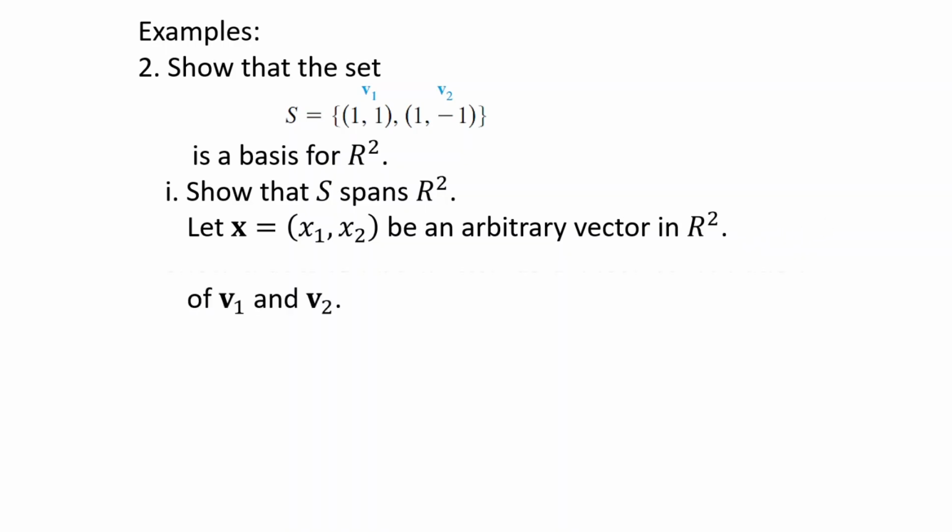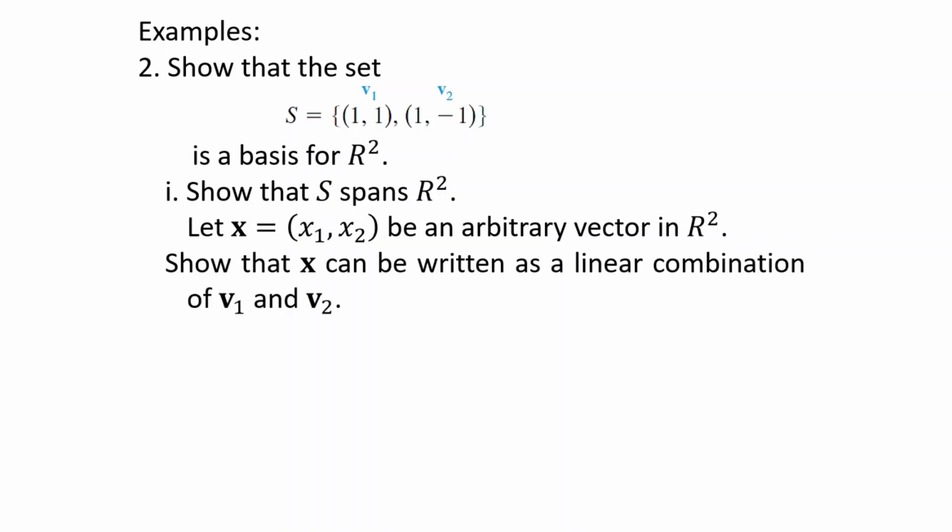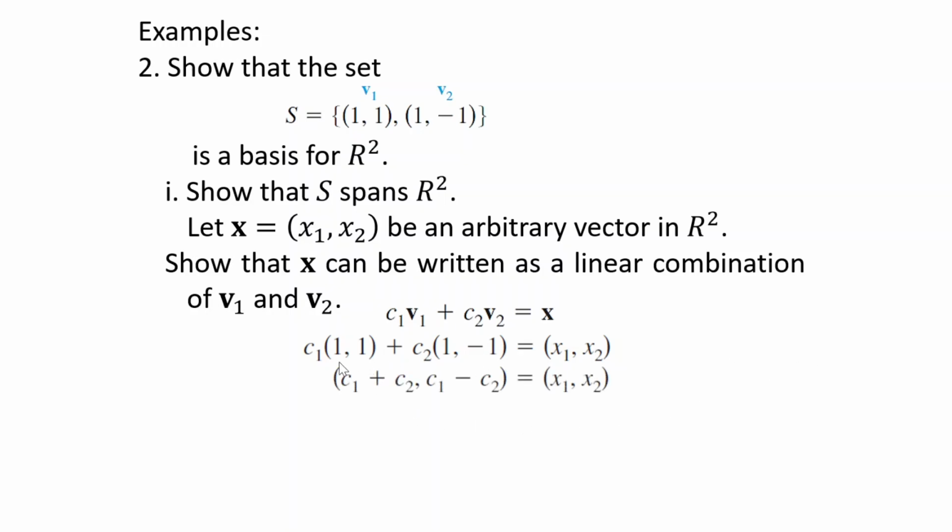To do this, we need to find the scalars c sub 1 and c sub 2 such that this is equal to x sub 1, x sub 2. Then we substitute the given vectors v sub 1 and v sub 2 here, and by adding these two, we have this.